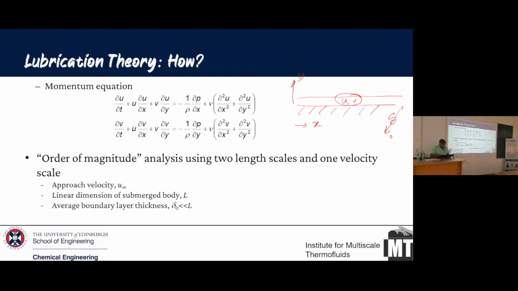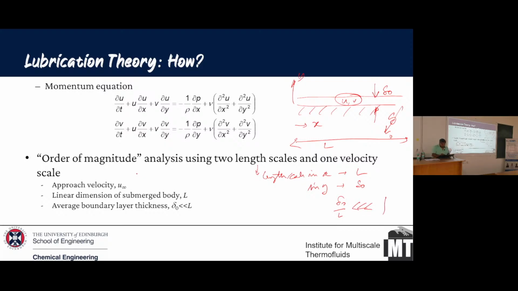This particular length scale is delta naught. This particular length scale is L. So the length scale in X, the free stream, is the body size, that is L. Length scale in Y is delta naught, and delta naught by L is much less than 1.